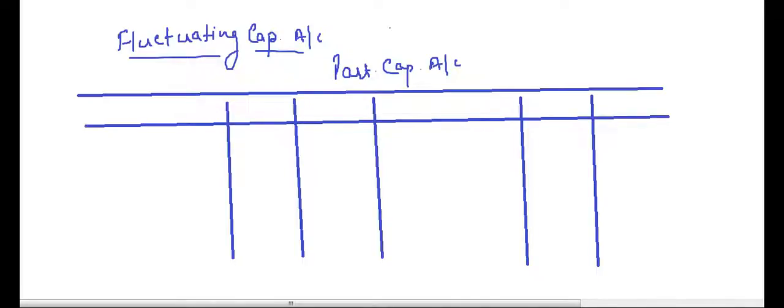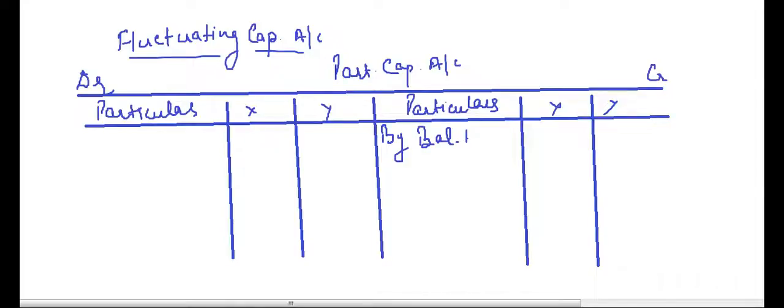So now we have the partners' capital account, we have the credit side, and we have the debit side. We have, say, two partners, X and Y. So now we have the balance in the partners' capital account. I'll say by balance brought down. It is the capital introduced by the partners into the business, say 1 lakh.